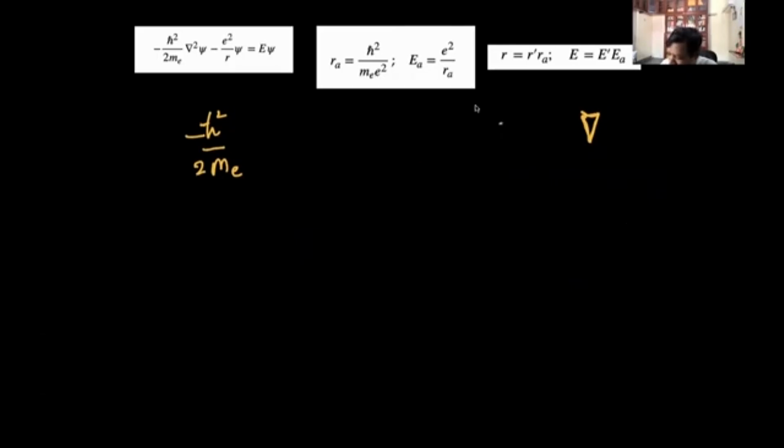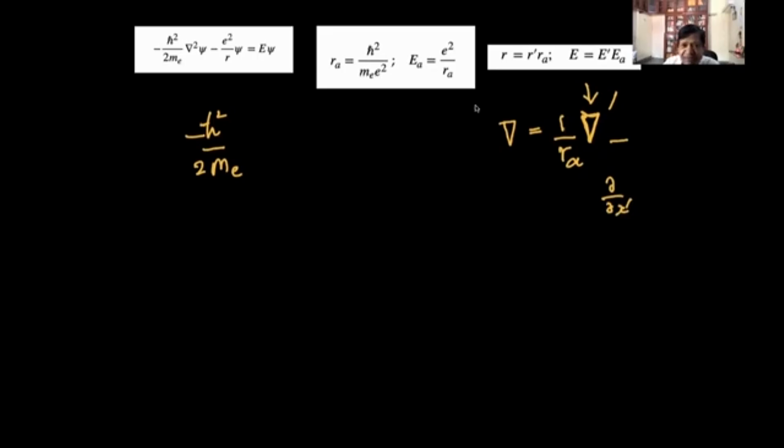So I'm going to write gradient equal to gradient prime by R_A. Now this gradient prime has no dimension. So it is basically d by dx prime, d by dy prime, and so on.